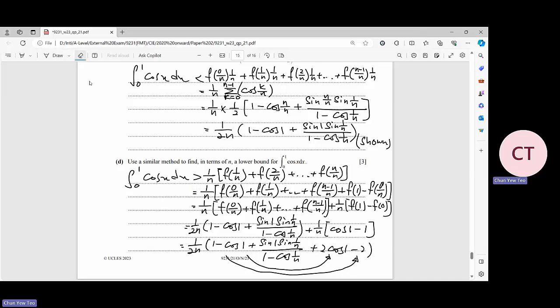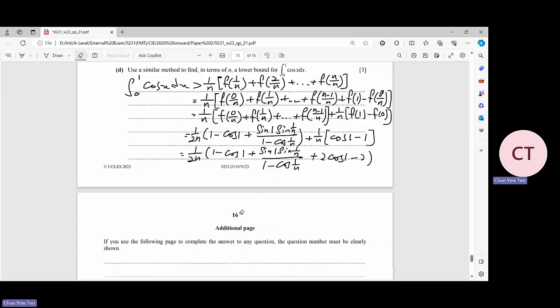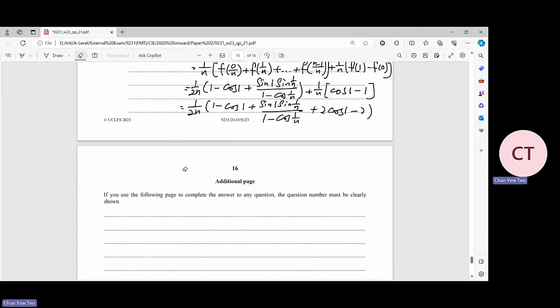At the end, your final answer will be 1 over 2n. Maybe at the end you can say that therefore, the integral from 0 to 1 of cos x dx is greater than 1 over 2n times cos 1 minus 1 plus sine 1 over n divided by 1 minus cos 1 over n.